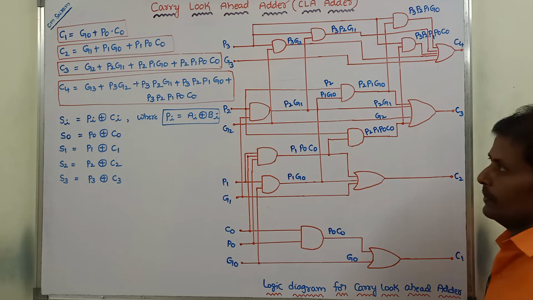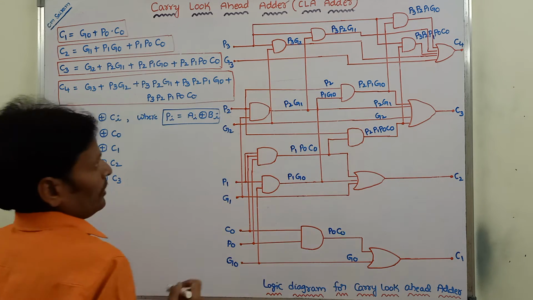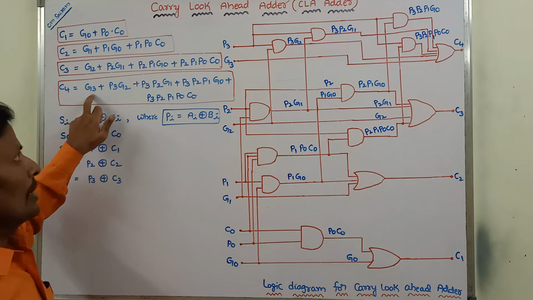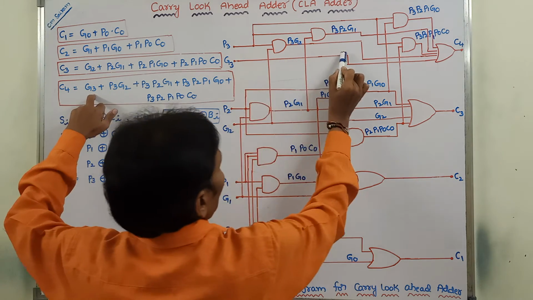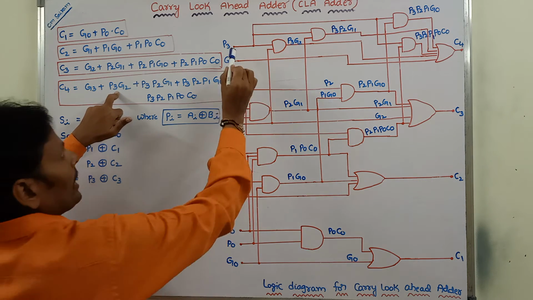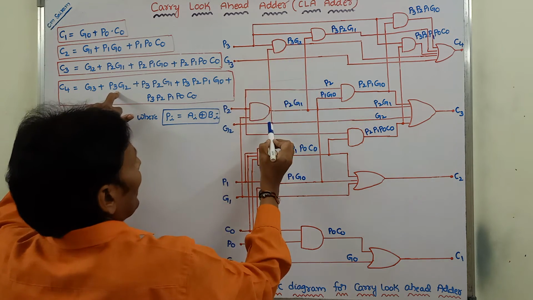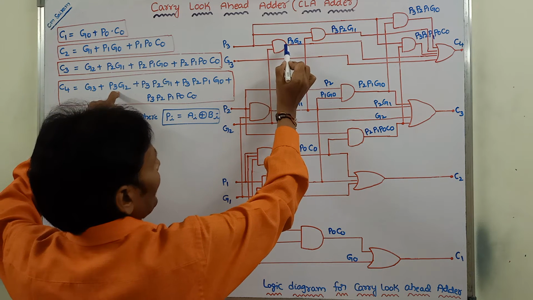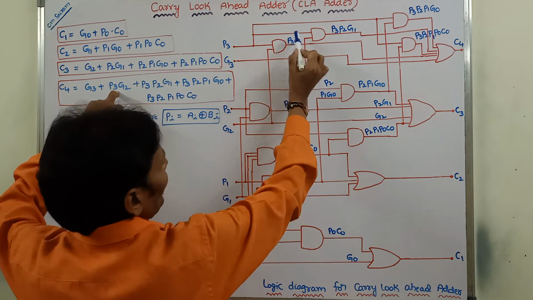Next, how to get C4? C4 is equal to G3. So this is the G3 line. Next, P3 G2: this is the P3 line and this is the G2 line. These two inputs are sent to a two input AND gate, then we get P3 G2.